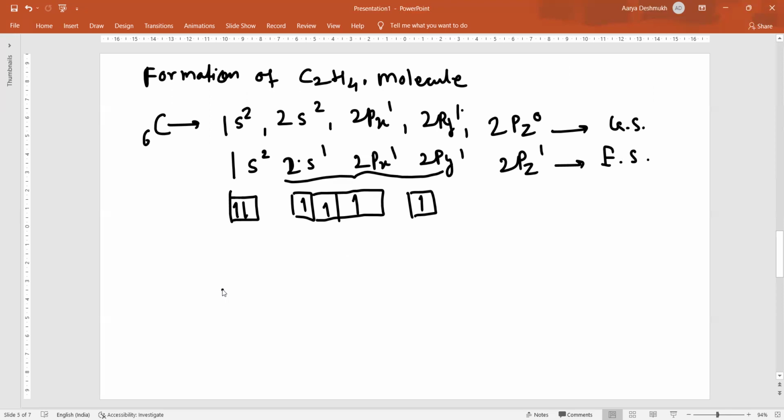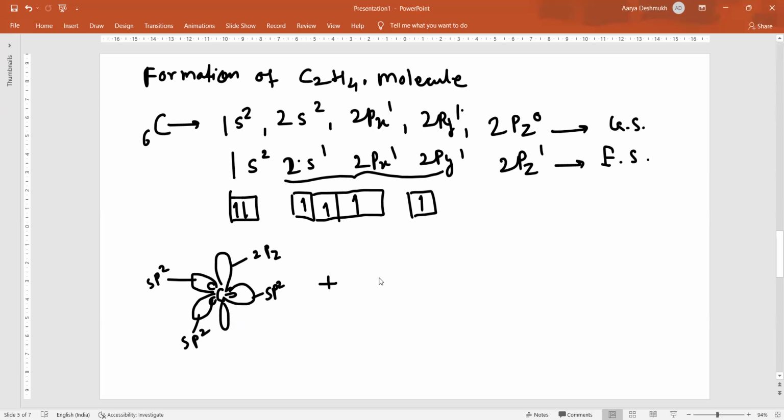The first carbon undergoes sp2 hybridization, as we already talked about. These are the three sp2 hybrid orbitals of the first carbon, and this is the unhybridized orbital, that is 2pz on the same carbon. Each of these is sp2. This is for carbon number 1.